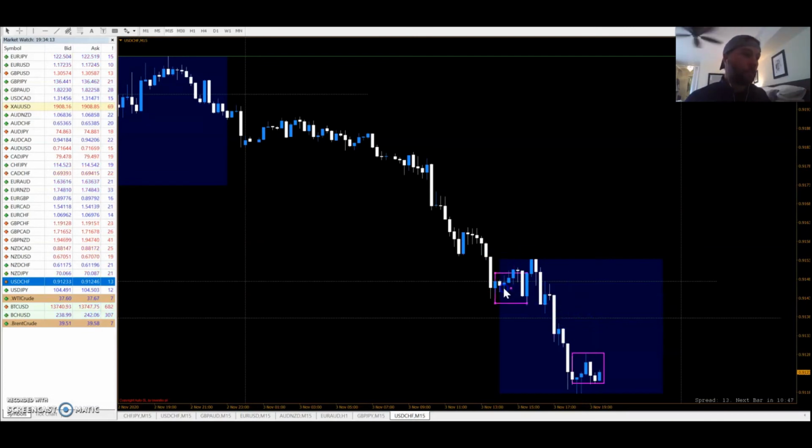I entered up here. I entered like right here because I wanted a good, this almost got me in right there actually. But I was up here, boom, and went there. So basically got out the same spot. But either way, you can see how easy it is to trade these setups.